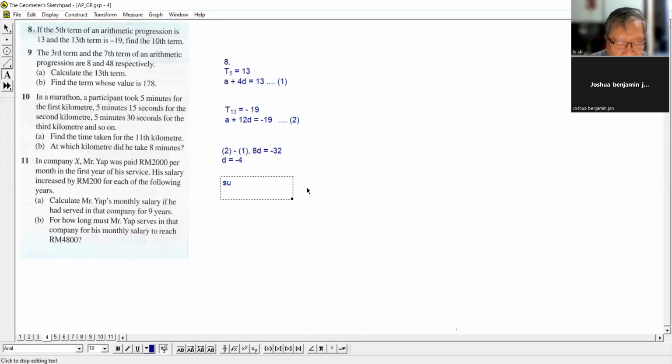So now you substitute this value, D equals negative 4, into equation 1, let's say. What must I write? Refer to equation 1.